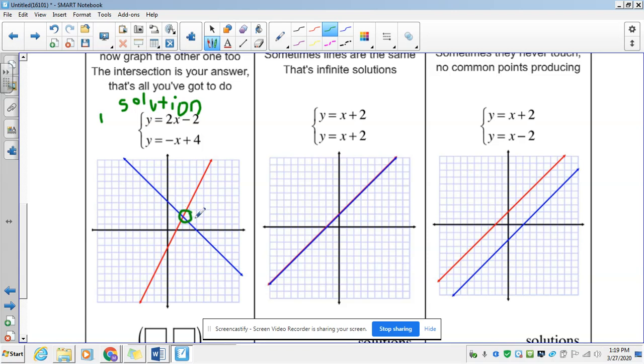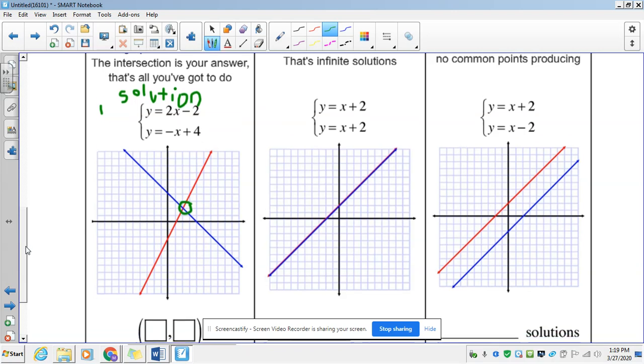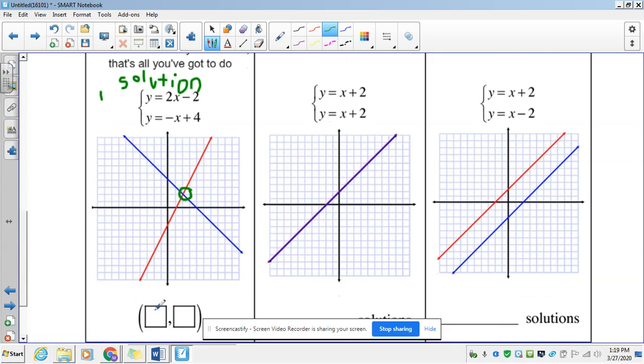So here they intersect. How would you label this point? What is the x? Let's count the x. 1, 2. So that means the x value of this solution is 2. What is the y? Let's count up. 1, 2. So this is the point 2, 2.